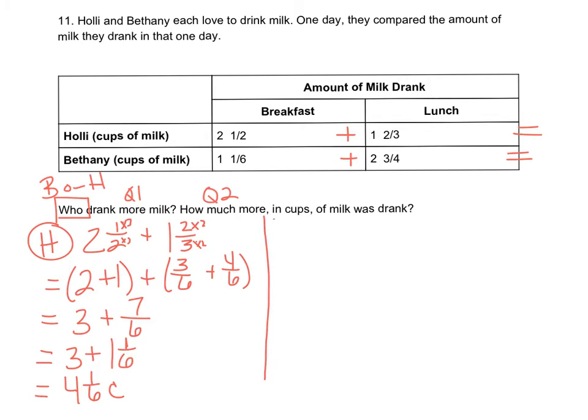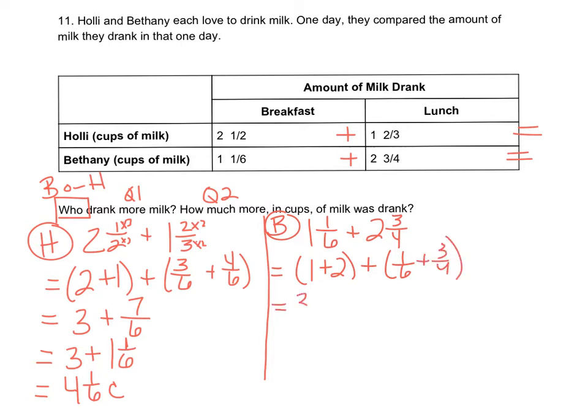I'm going to label it a B for Bethany so I know what I'm solving for. So I have 1 1/6 plus 2 3/4. All right, so now I'm going to group my whole numbers, add my fractions, 1/6 and 3/4.